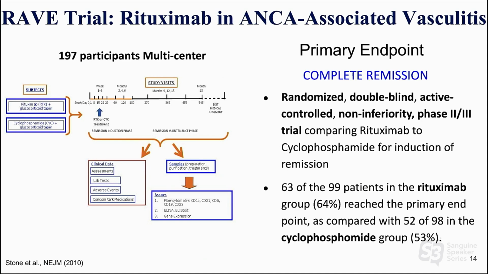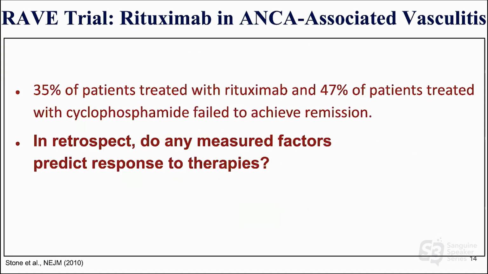Once the data went into ImmPort, we downloaded the data, and I would like to walk you through the process of how, as a bioinformatics scientist doing data mining, we download this data. Once we downloaded the data and read the paper, the question that came to our mind is that 35% of the patients treated with rituximab and 47 treated with cyclophosphamide failed to achieve remission.